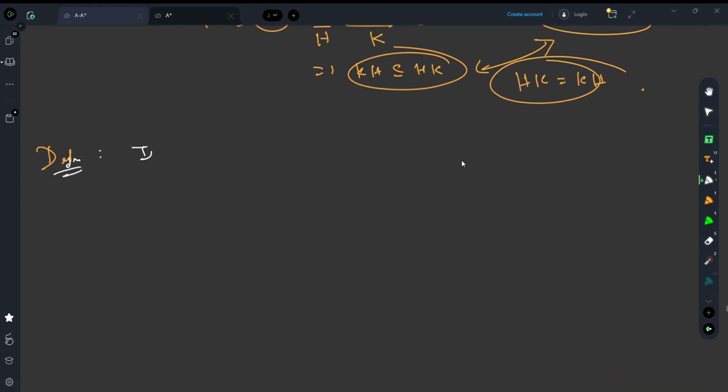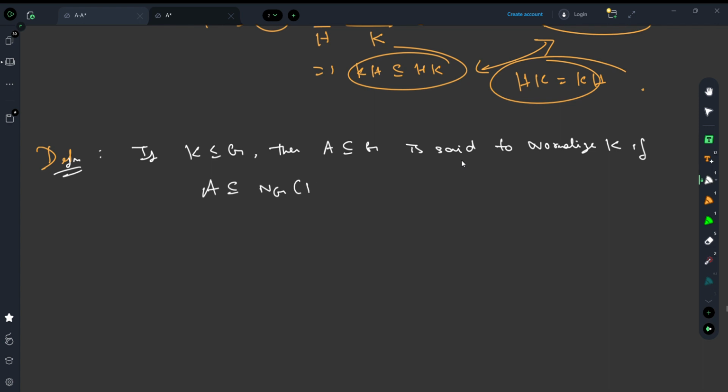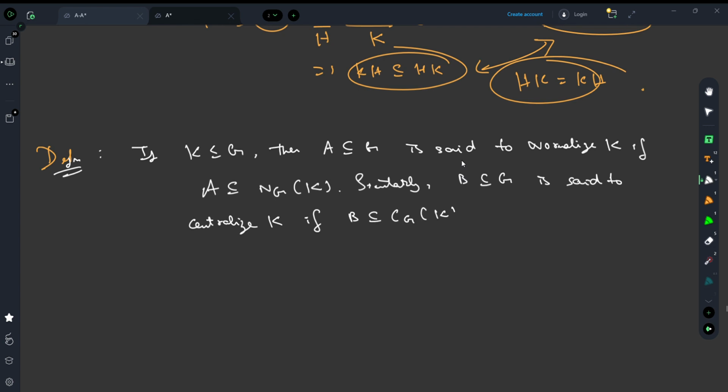Definition: if K is a subgroup of G, then a subset A of G is said to normalize K if A is contained in the normalizer of K in G. Similarly, some subset B of G is said to centralize K if B is contained in the centralizer of K in G. Okay? Clear?